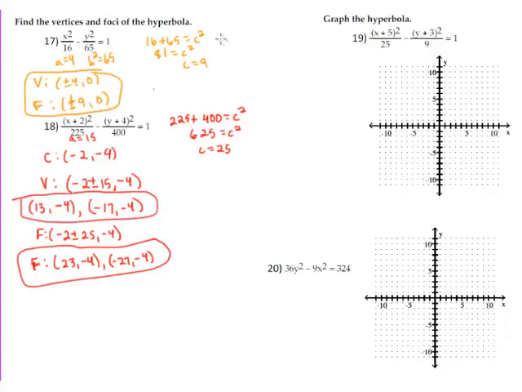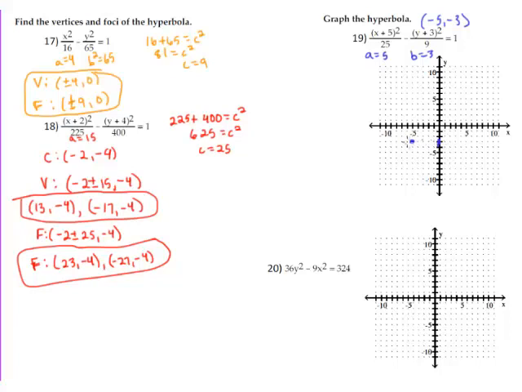To graph, we need the center, which is -5, comma -3. We need a and b. And so you go to your center, -5, -3, and you put a dot. From there we draw a box. We're going to go left and right 5 for a, because that's what's underneath x.